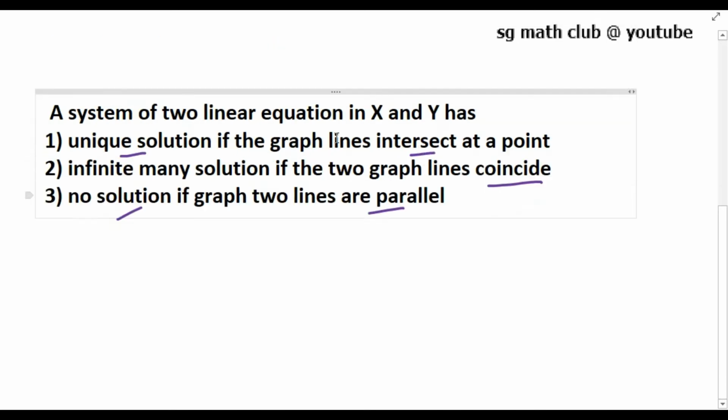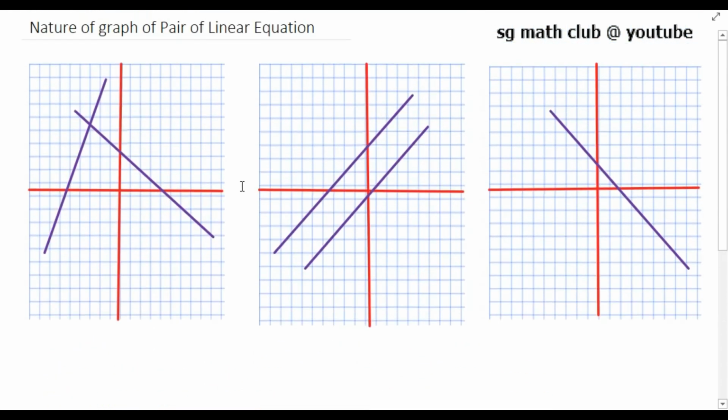So if the graphs of the linear equations intersect, that means it has a unique solution. If you draw the graph of a pair of linear equations in two variables and the lines are parallel, that means it has no solution.